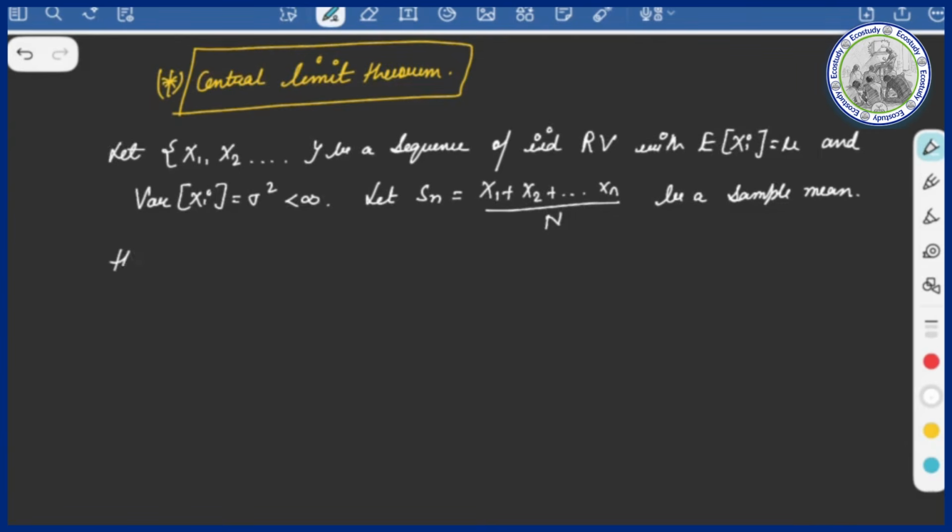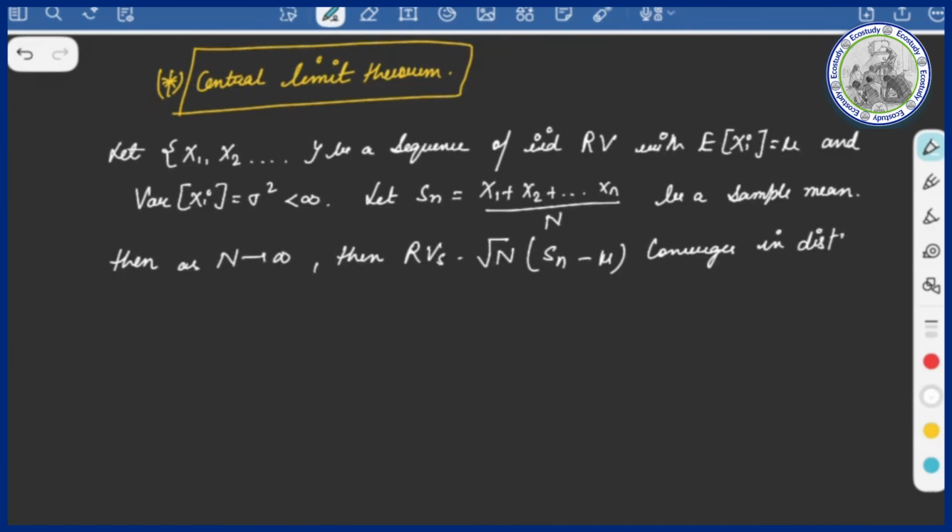Then as n tends to infinity, meaning the value of n becomes large, say 100, 1000, 10,000, etc., then the random variable root n times (Sn minus mu) converges in distribution to the normal distribution N(0, sigma square).